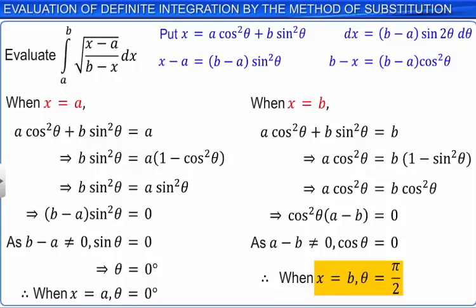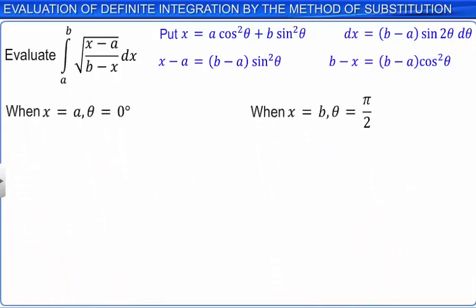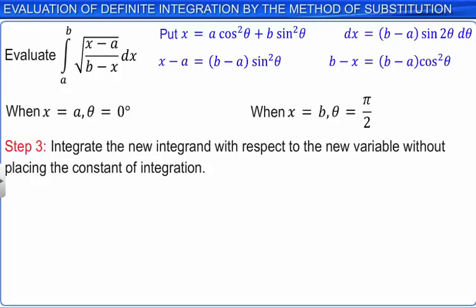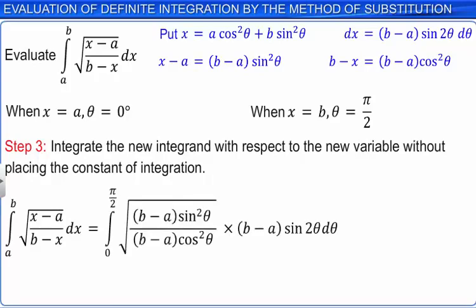Now, write the given integral in the new form as the integral of square root of (b minus a) sine square theta divided by (b minus a) cos square theta, times (b minus a) sine 2 theta d theta, from 0 to pi by 2.